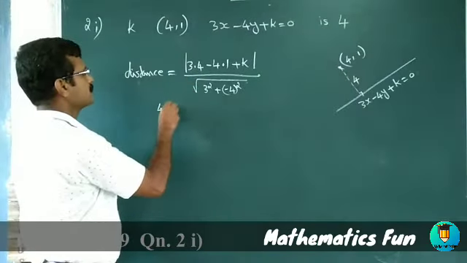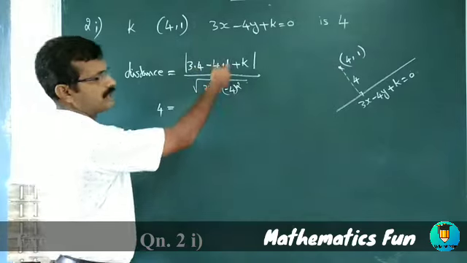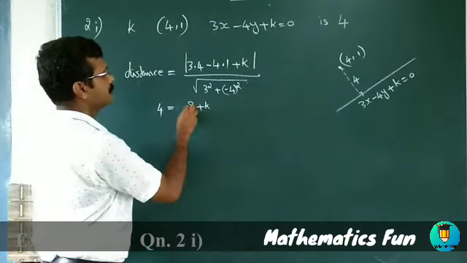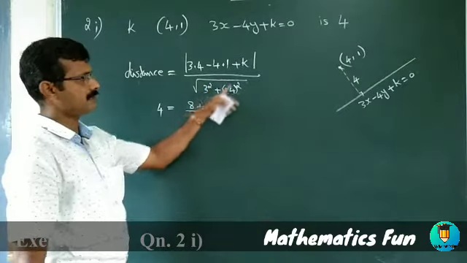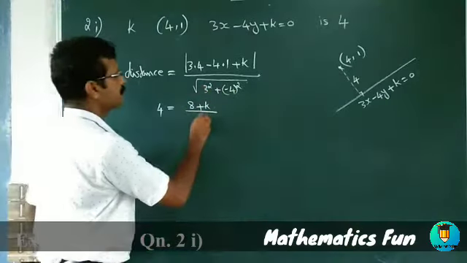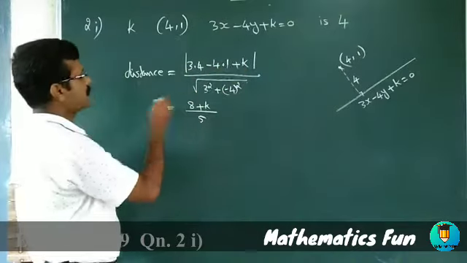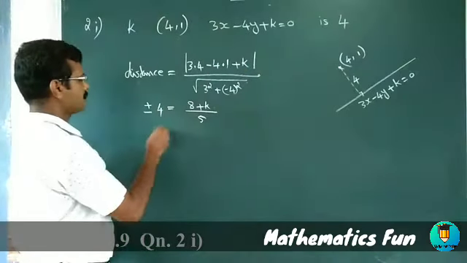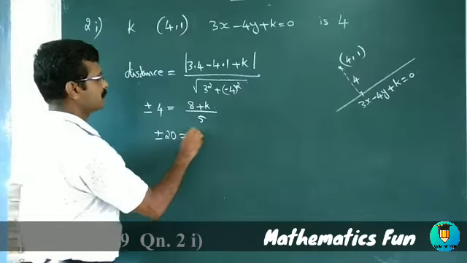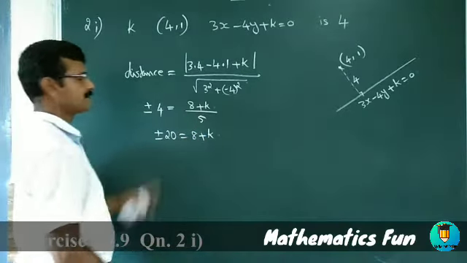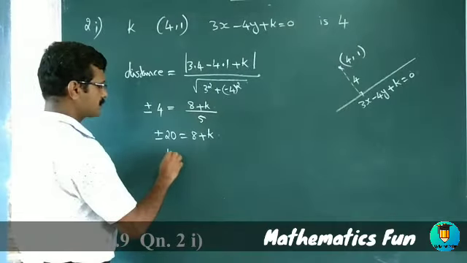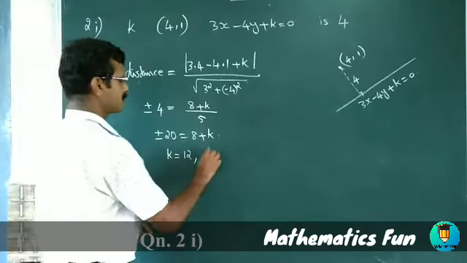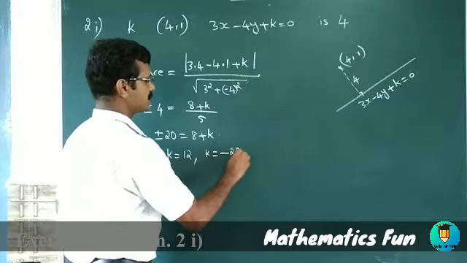If I simplify, 12 minus 4 is 8 plus k, divided by 9 plus 16, 25, root is 5. Removing the absolute value, I get plus minus. Now I cross multiply, so plus minus 20 is equal to 8 plus k. If I take the plus value, k is 12. If I take the minus value, k is minus 28.